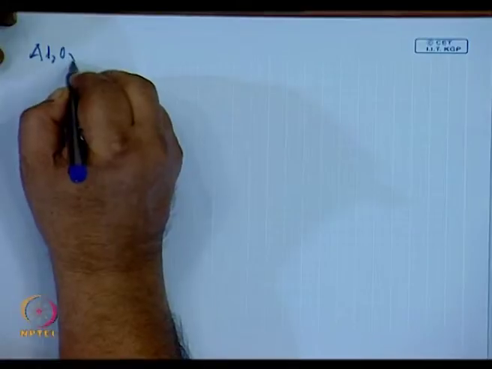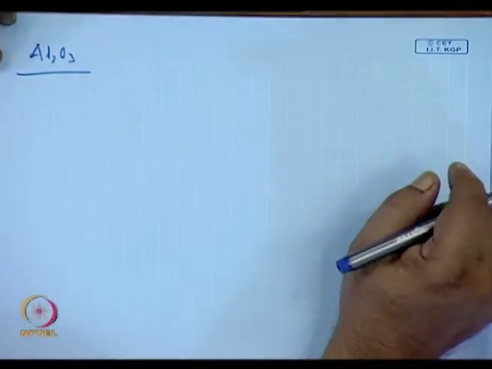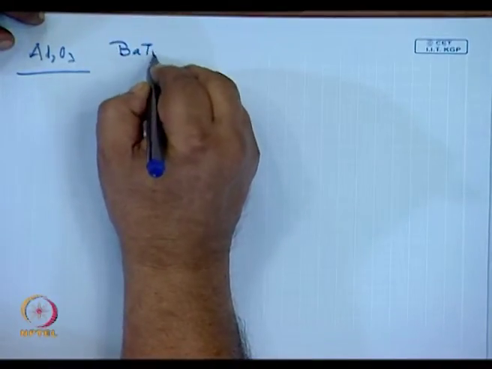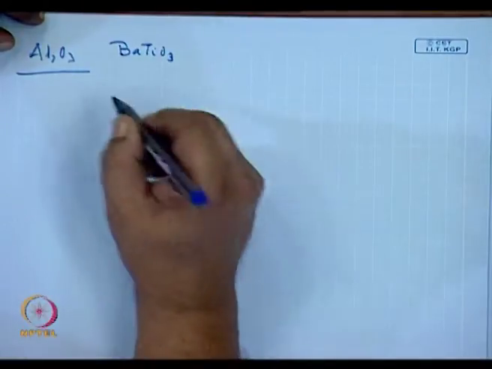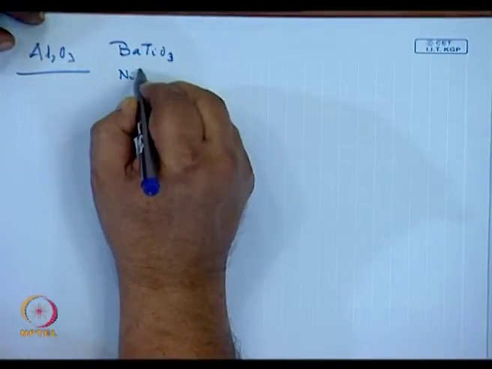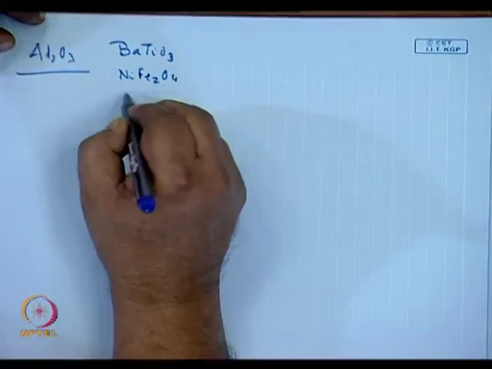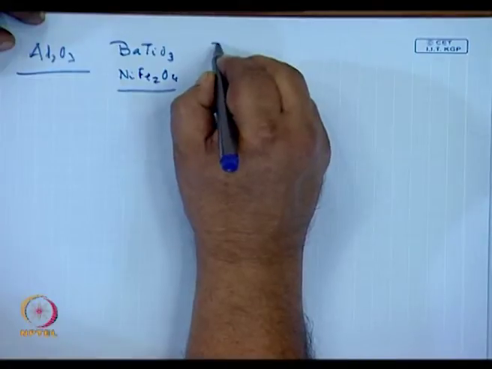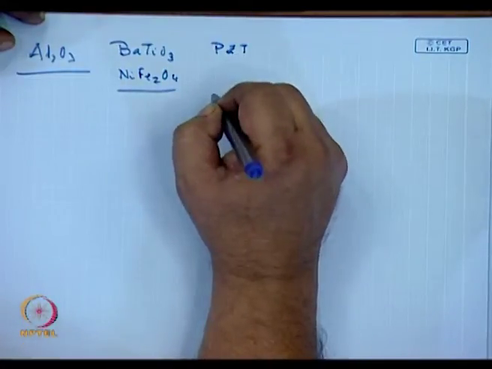from the precursors. You see, we do use single component systems like say Al2O3, but we also use two component systems like say barium titanate, nickel ferrite, and more complex systems like lead zircon titanate.